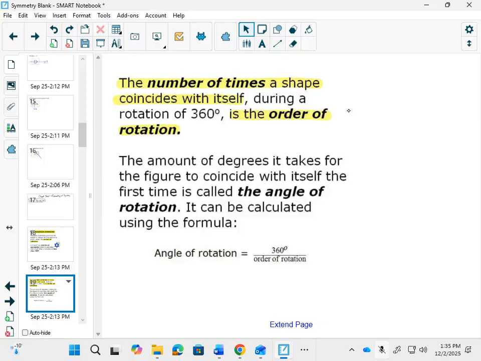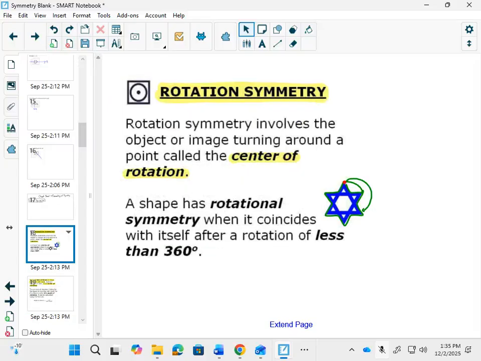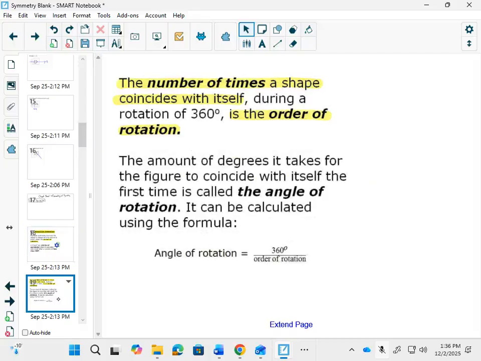So how many times does this one take before we get back to where we started? 1, 2, 3, 4, 5, 6 times. So we would say that the order of this one was 6.